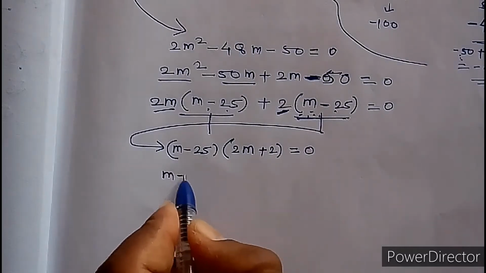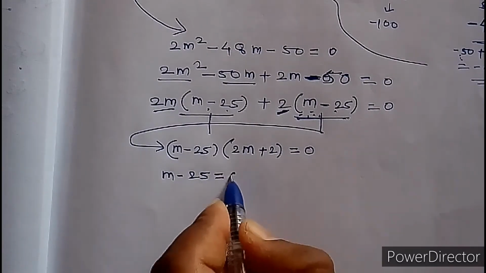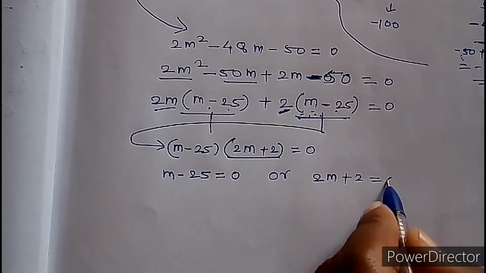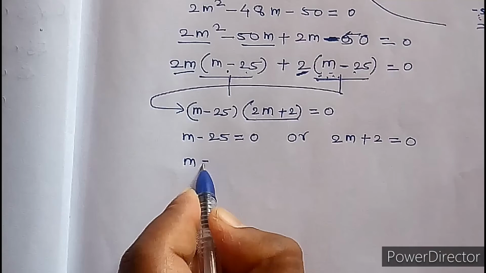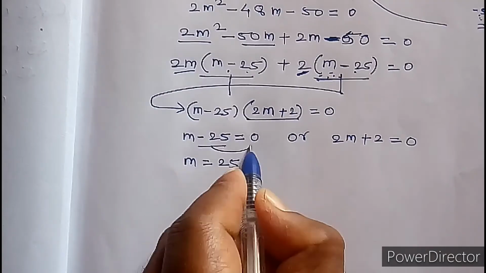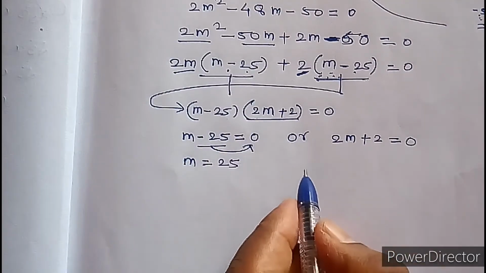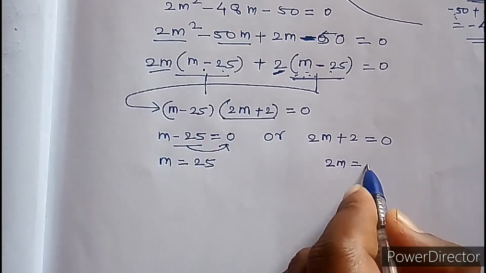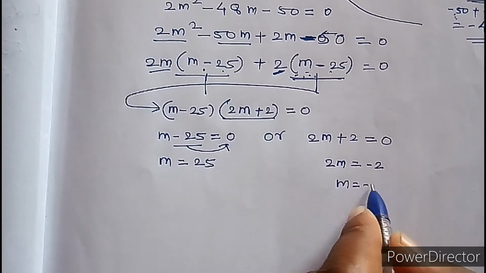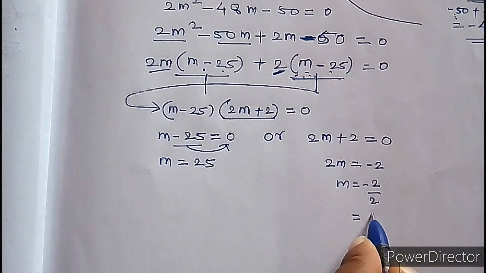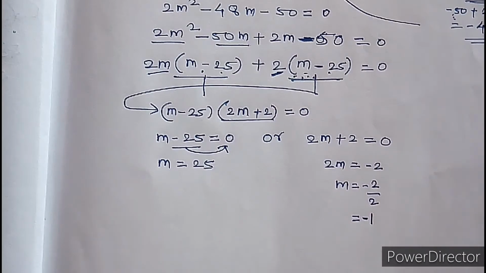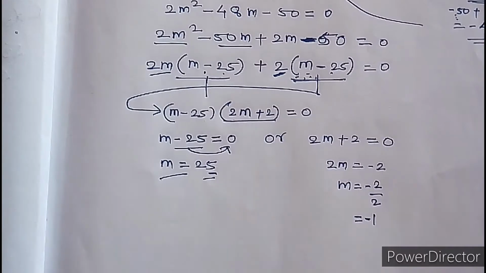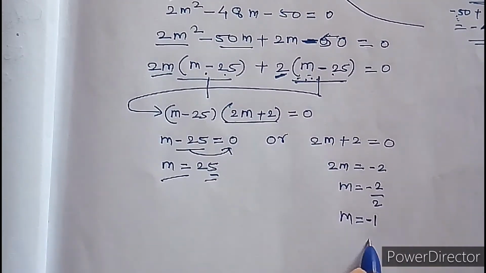Therefore either m minus 25 equals 0 or 2m plus 2 equals 0. Here we get m equals 25, as minus 25 is shifted to the right hand side. Here 2m plus 2 equals 0, therefore 2m equals minus 2, m equals minus 2 by 2 equals minus 1. Therefore the solutions of this quadratic equation are m equals 25 and m equals minus 1.